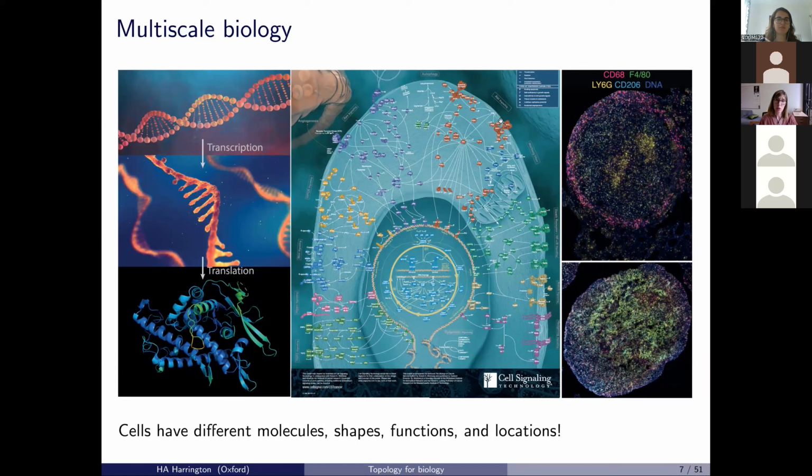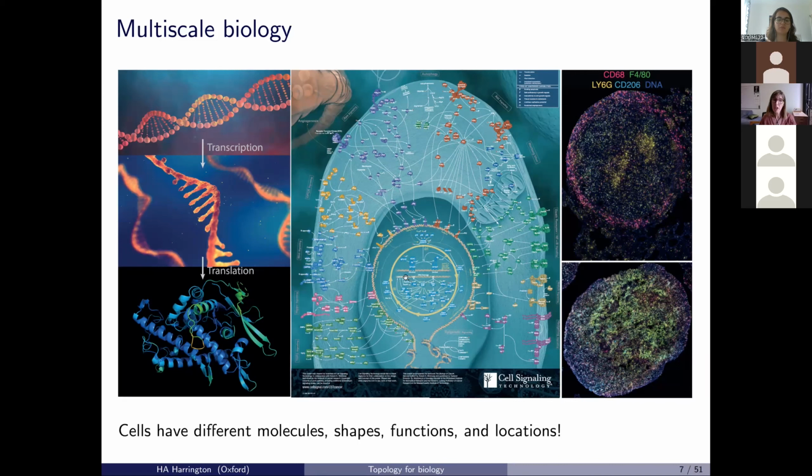A cell has to sense what's happening in the outside environment and relay this information to the nucleus of the cell, and then turn genes on or off, and that governs cell fate and cell decisions.